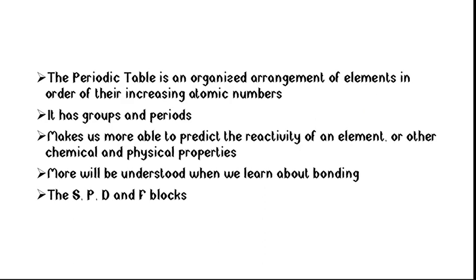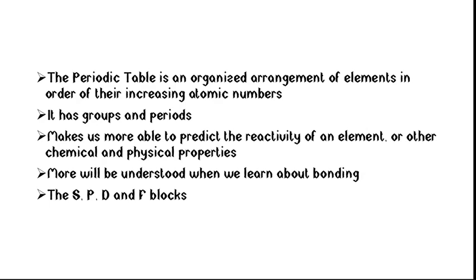So the periodic table is an organized arrangement of elements in order of their increasing atomic numbers, where atomic number means the number of protons. Starting from the very first element in the periodic table, hydrogen, the second being helium, the third being lithium, so on and so forth. So as the number of protons increases, we add on the next element.